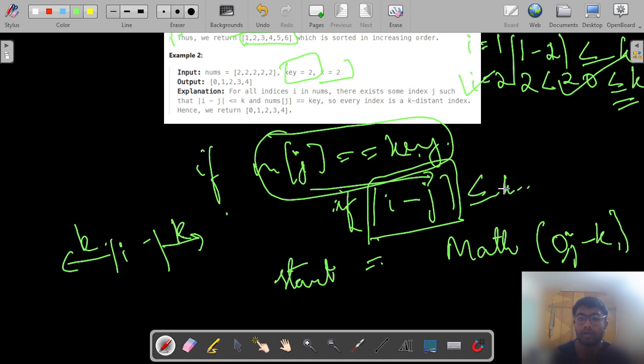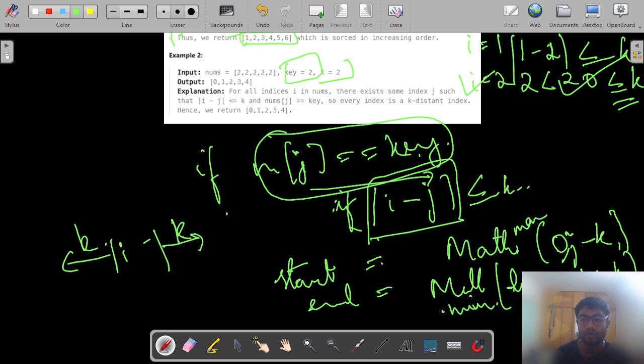and the end value will be like math, length minus, length to j plus k, right? Either this would be the Math.max of 0 and j minus k, and this would be j plus k.